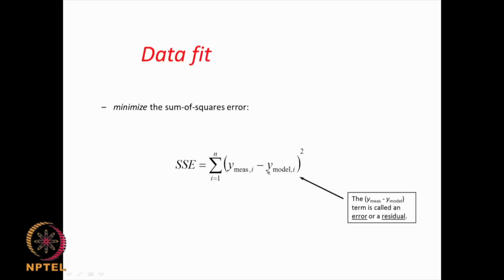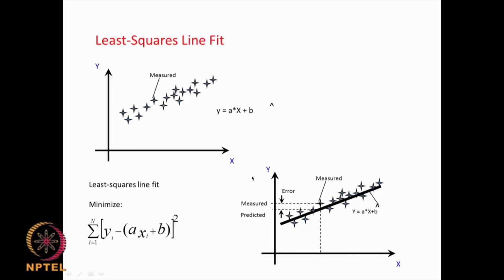That is the model prediction, this is the measured value, take the square, and if you sum it, that is called the error, and you want to minimize the error. So, this is like an optimization problem where you are trying to minimize the sum of squares of this error. This is y measured, this is y model, and the difference squared and summed is called either error or residual. These are the two names for that actually.